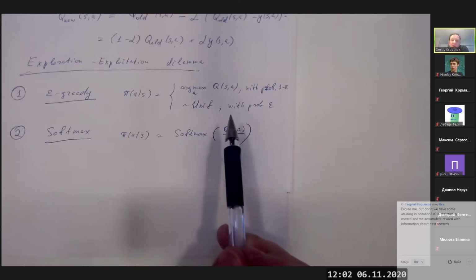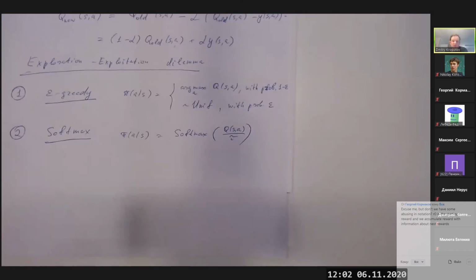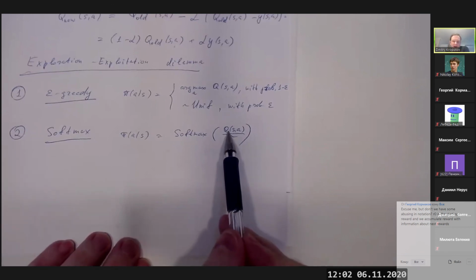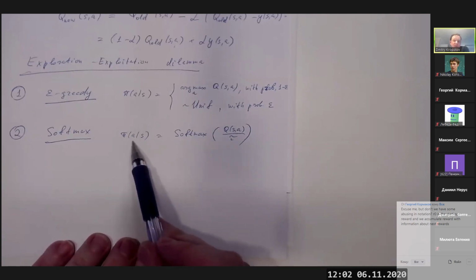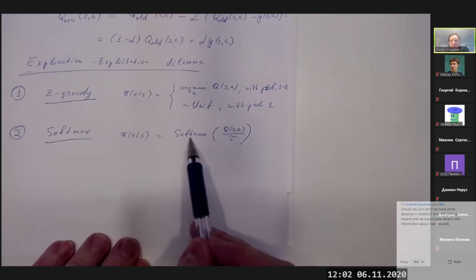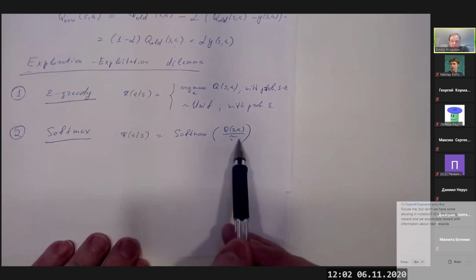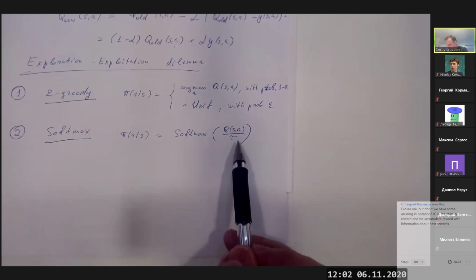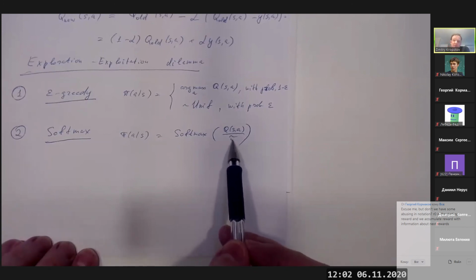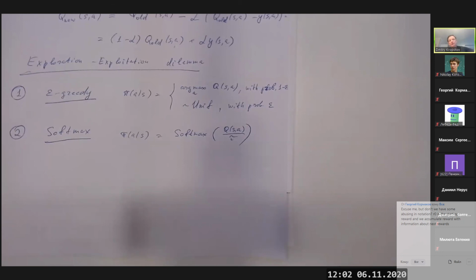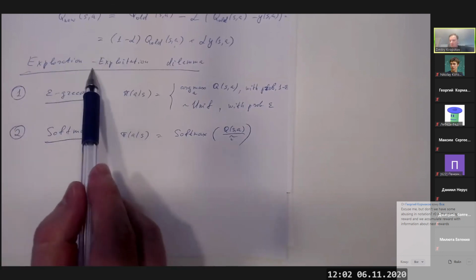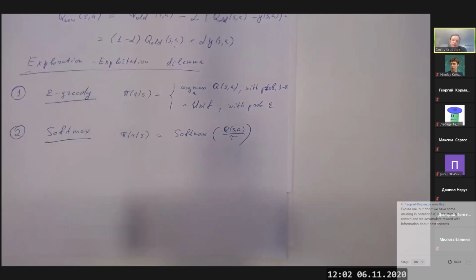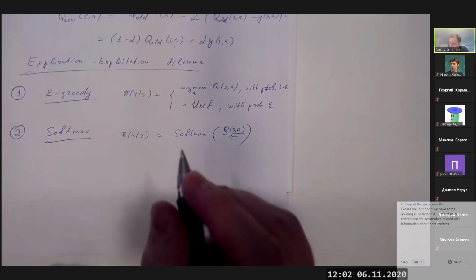Here you use your current estimate of the Q function, but you do not take the argmax; you sample your action according to the softmax function over these Q values, and depending on the temperature, you are able to regulate this exploration-exploitation dilemma.